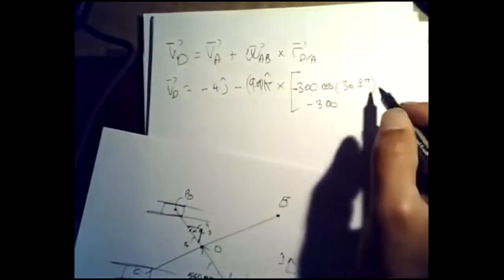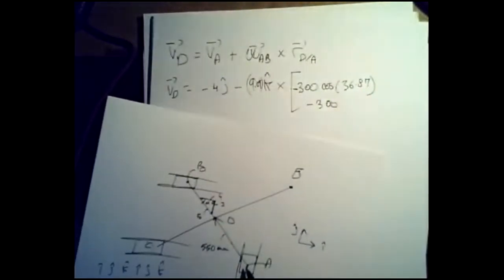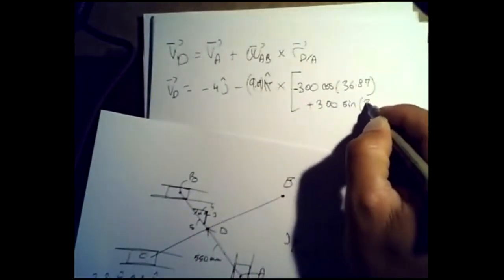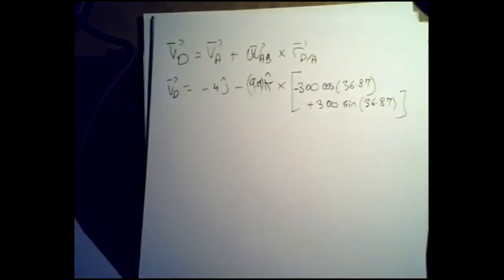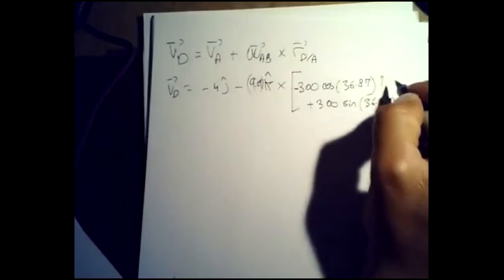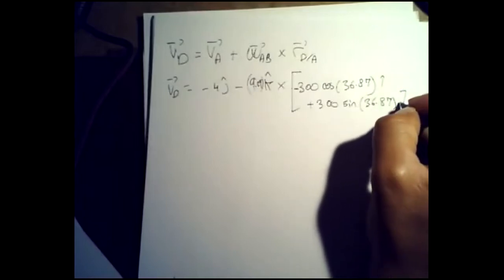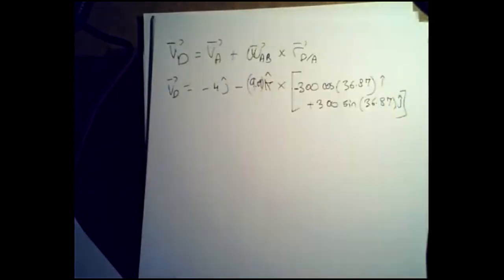So this is going to be minus 300 cosine, and then in the J, it's going to be positive 300 sine 36.87.